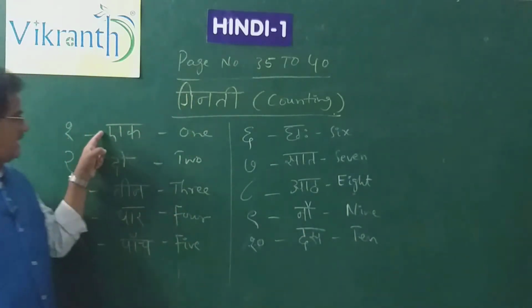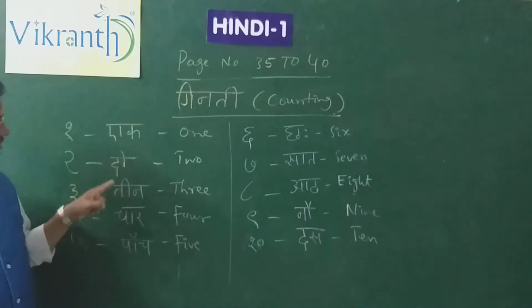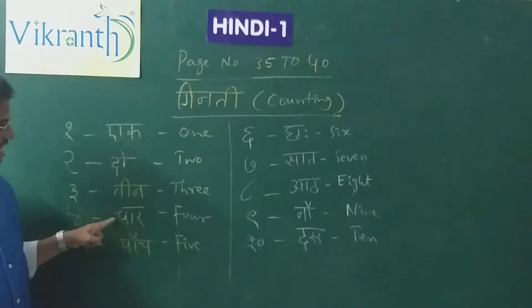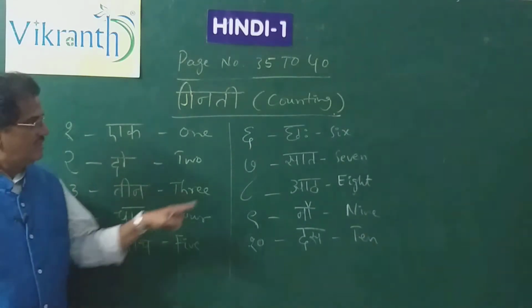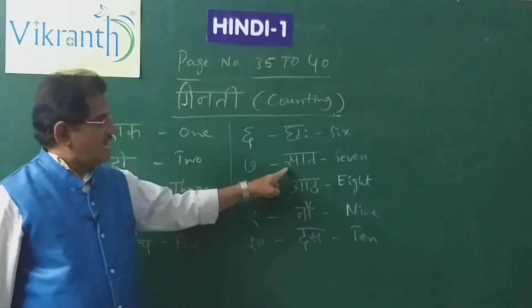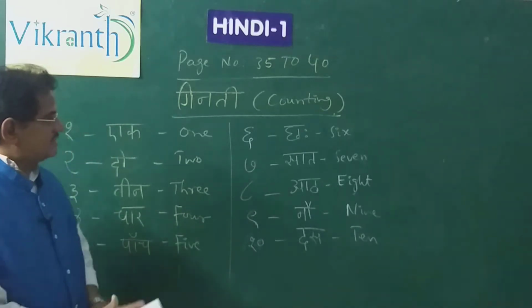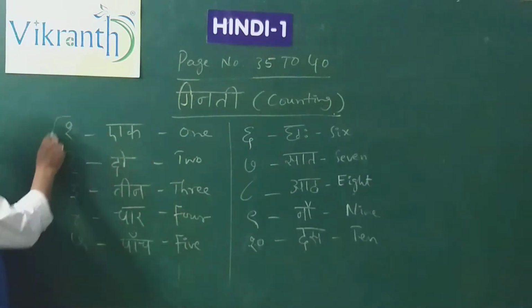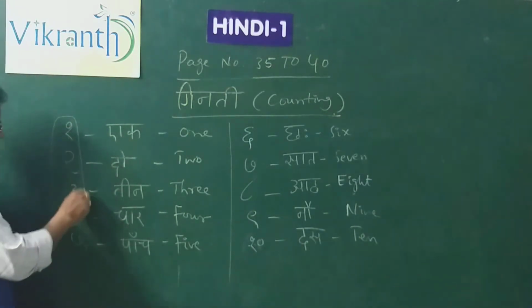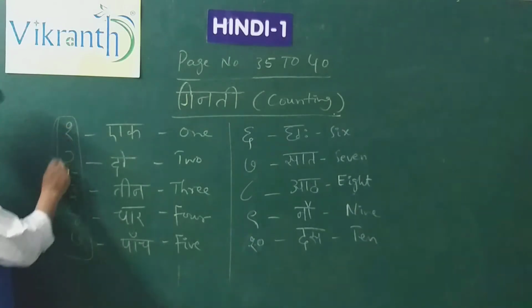So 1, 2, 3, 4, 5, 6, 7, 8, 9, 10. And these are Hindi numbers. Remember this. These are Hindi number symbols.